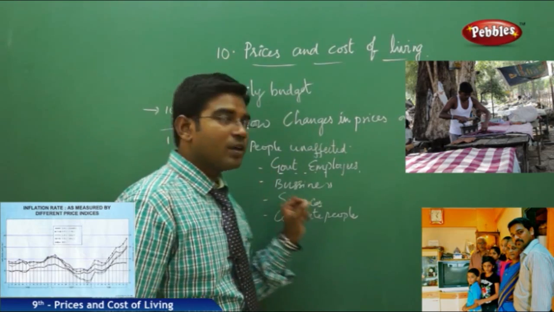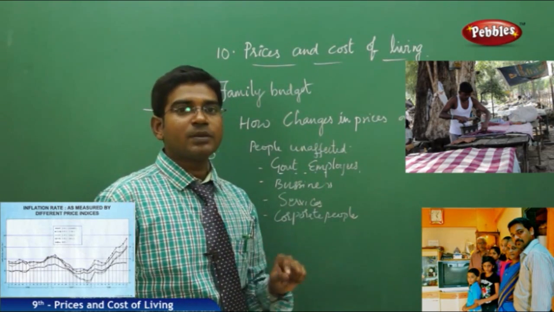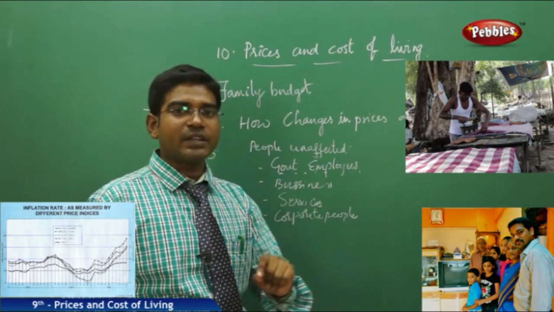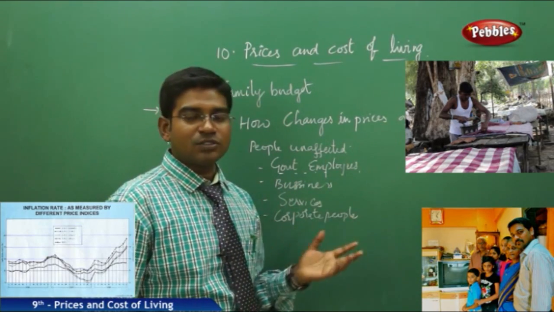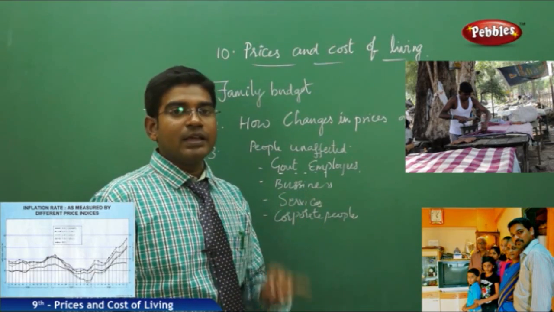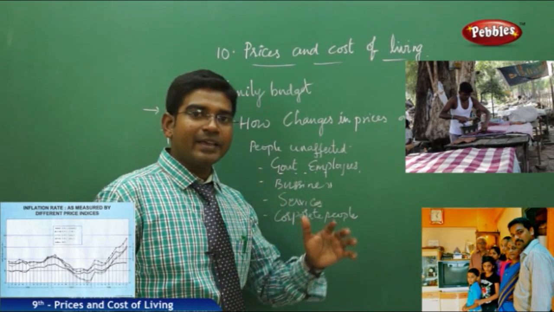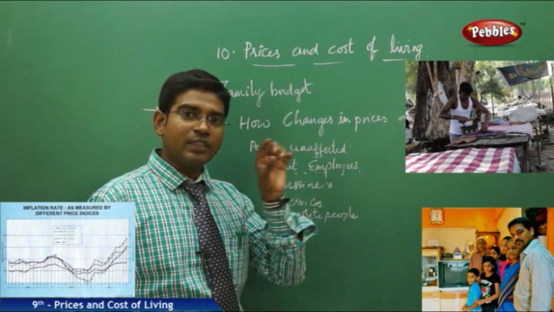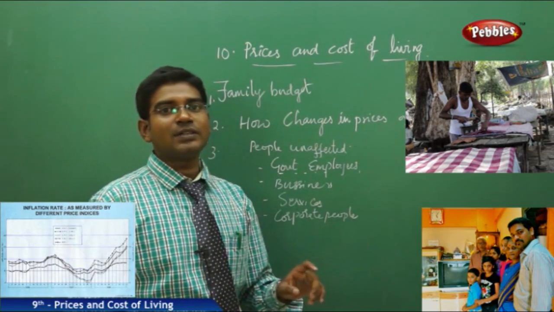The government employees, either state government employees or central government employees, are very little affected by price hikes of any products, because they are also paid dearness allowances, known as DAs. Along with the price hike calculation, the government also calculates the DA and adds it to their salaries.